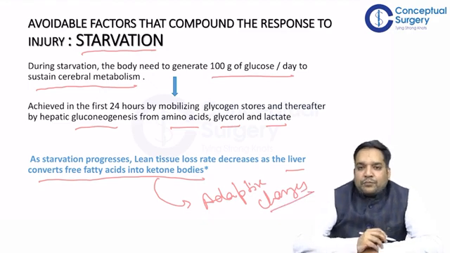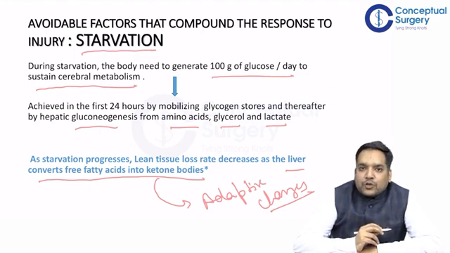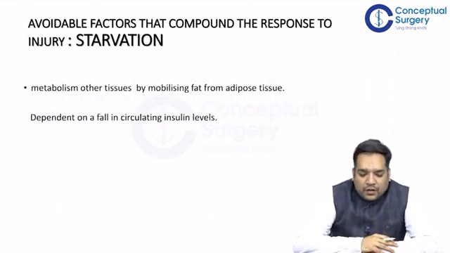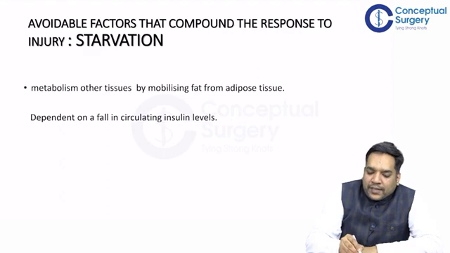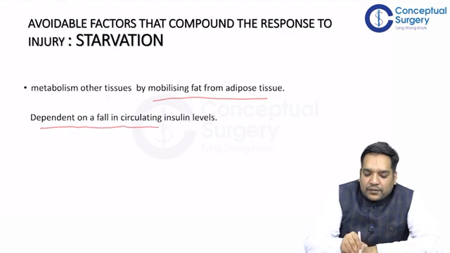So as the starvation progresses, adaptive changes kick in, in which the liver converts free fatty acids into ketone bodies, so the decline of the protein mass and skeletal mass gets decreased. It is seen that in starvation, the metabolism of other tissue is maintained by mobilizing the fat from the adipose tissue. And how does this happen? This is dependent on the fall in the circulating insulin level.